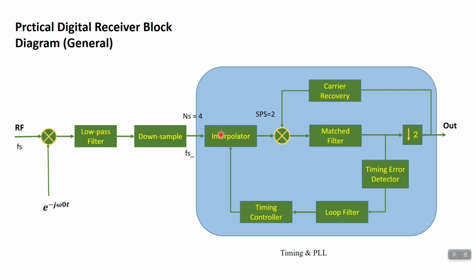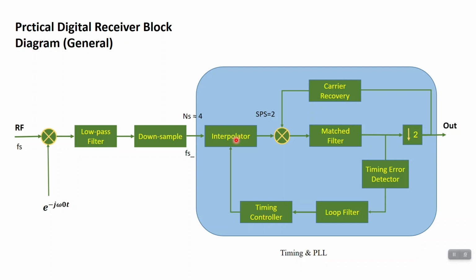In fact, the timing controller commands the interpolator when the appropriate time for interpolation is, and gives a timing error value which needs to be corrected. So the timing controller decides when is the proper time and how much timing error value should be compensated at that time, and commands it to the interpolator.